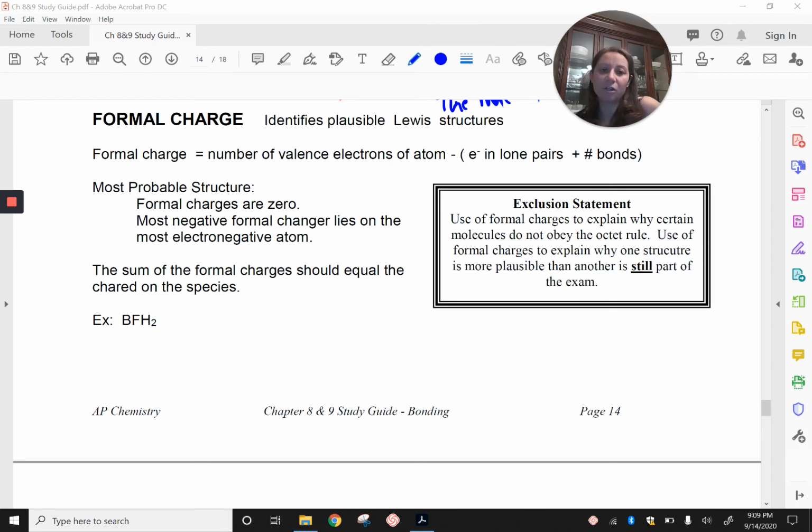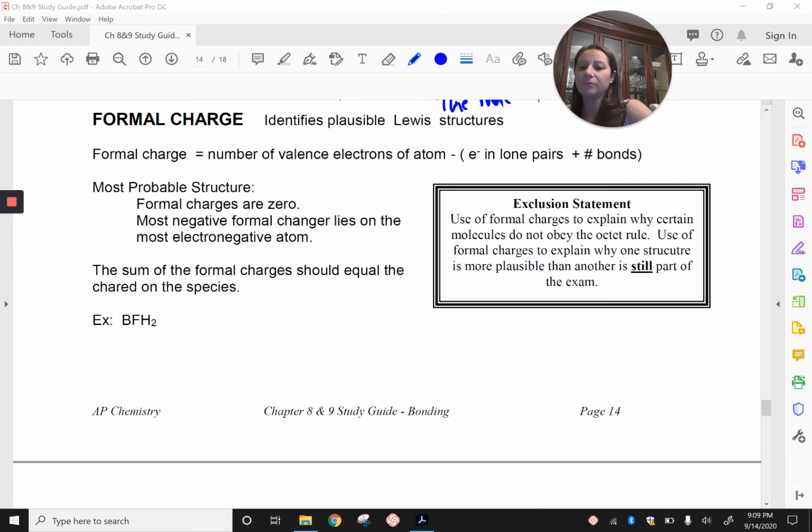Once you calculate all of these formal charges for each atom in each structure, you see which structure is more plausible, because the more plausible structure is going to have all or most or as many of its formal charges equal to 0. Or if they're not all equal to 0, then the most negative formal charge is going to be on the most electronegative atom. So let's do an example of that.